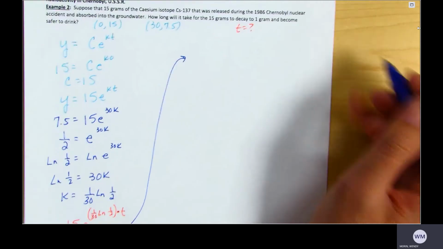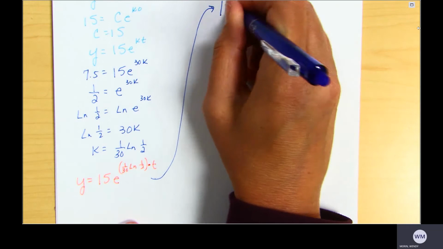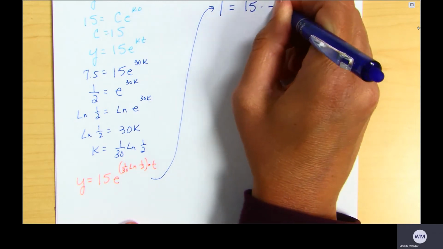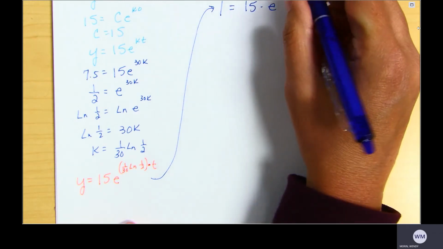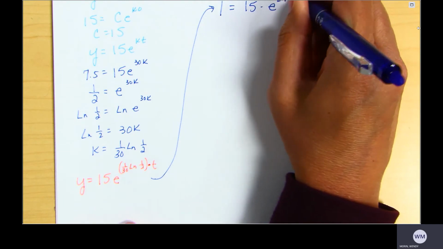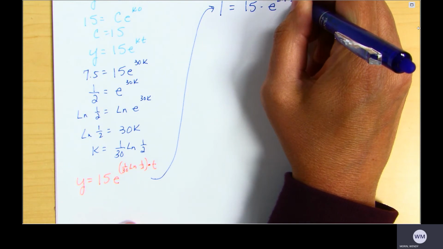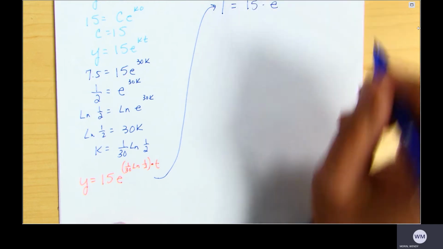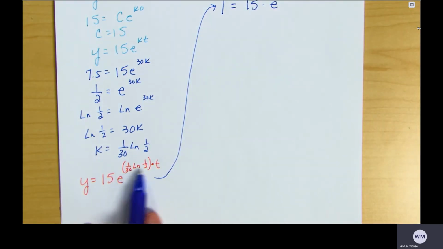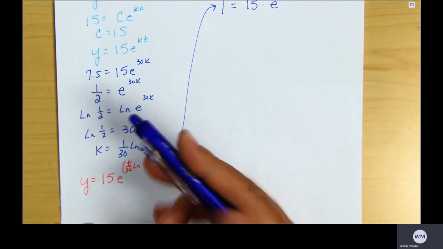So they must be giving us y. They want us to have 1 gram. 15 times e. I'm going to go ahead and change that to the natural log of 1/2. See this down here? I'm going to move this t here, if you don't mind, because it makes it a lot easier.